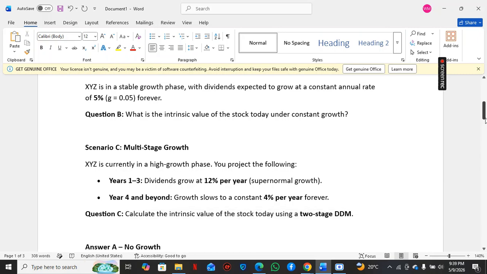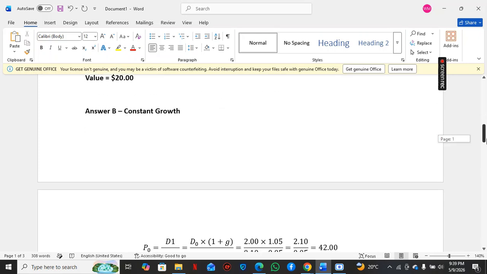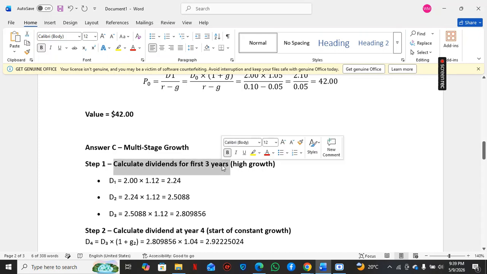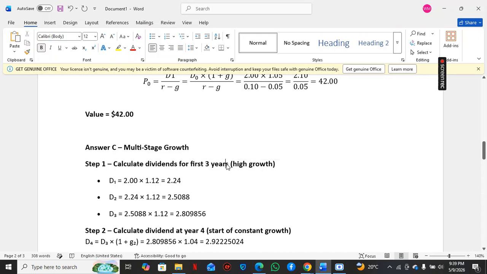For the multi-stage growth model, step 1, calculate the expected dividends for the first 3 years. We're still using this formula here.